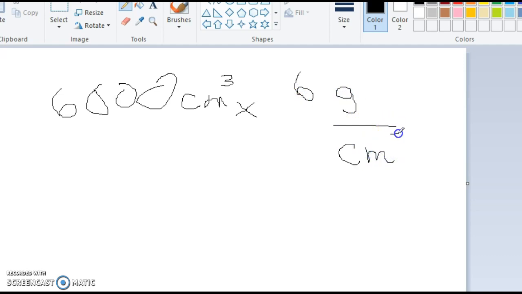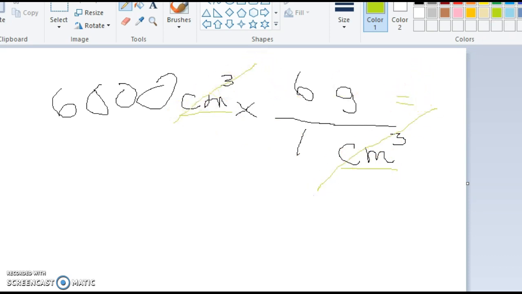Well, remember per, P-E-R, means divided by, and I can actually extend that to say, hey, it's really 6 grams divided by 1 centimeter. And then look at my centimeters. I have centimeters on top and centimeters on the bottom of a fraction, so they cancel.